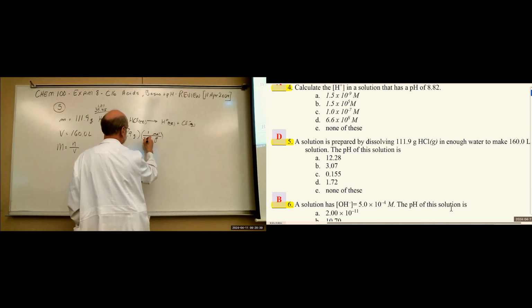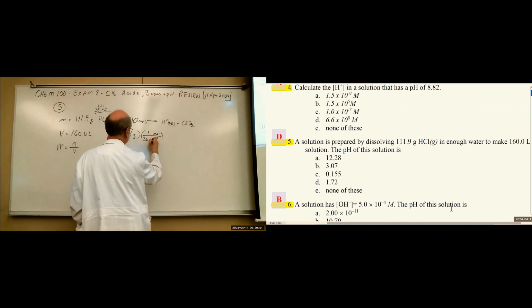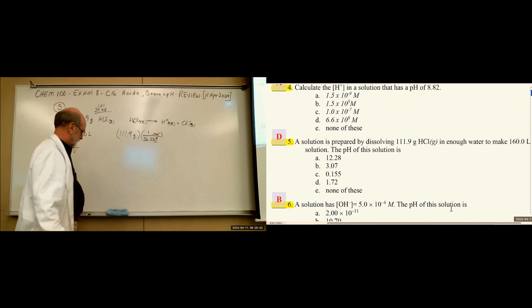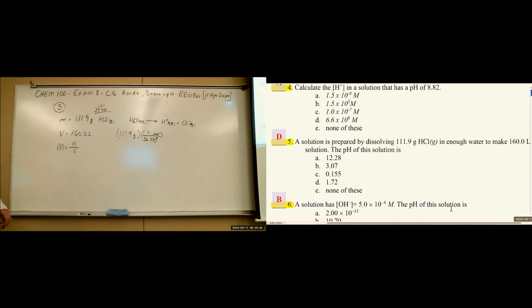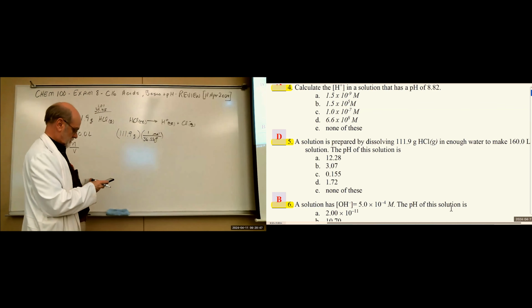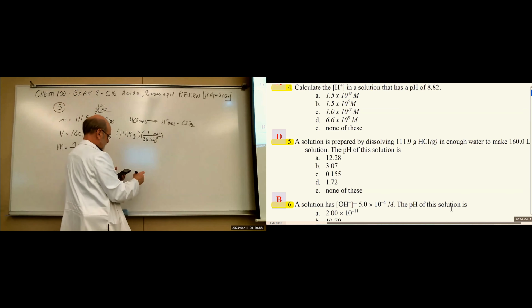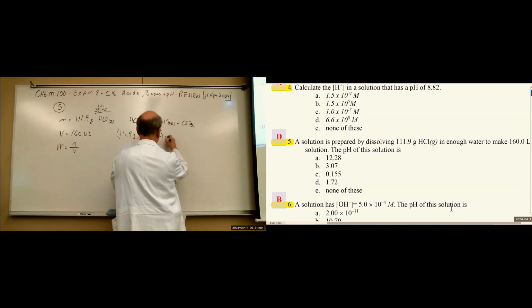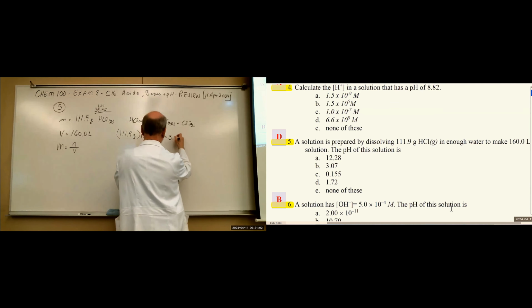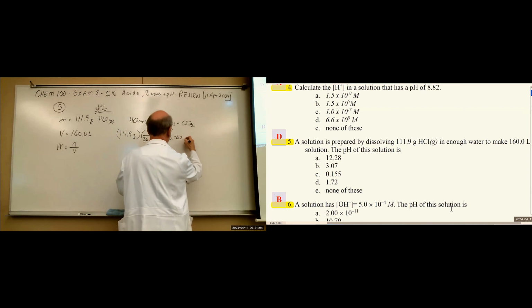So that would be 36.55. We just divide that into 111.9. And we got 4 significant figures. 3.062 moles.